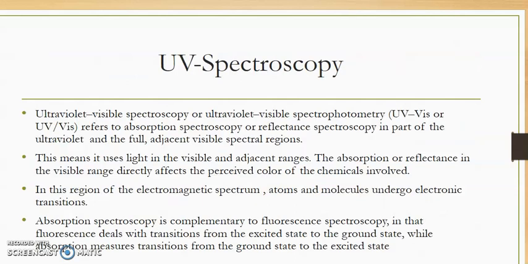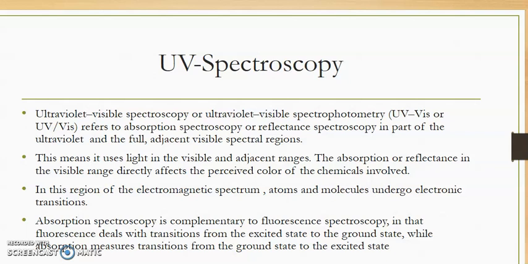Now we are going to the next topic, that is UV spectroscopy. Ultraviolet spectroscopy, or ultraviolet-visible spectrophotometry, refers to absorption spectroscopy or reflectance spectroscopy in the ultraviolet and the adjacent visible spectral regions.